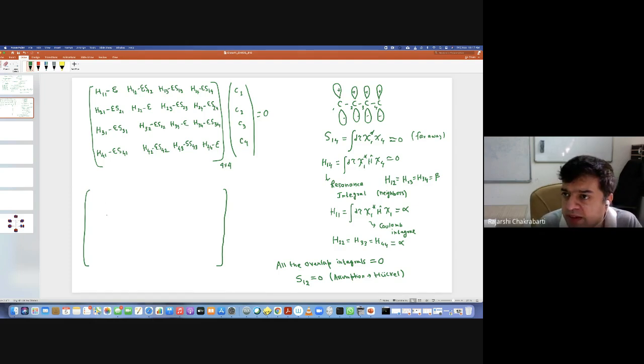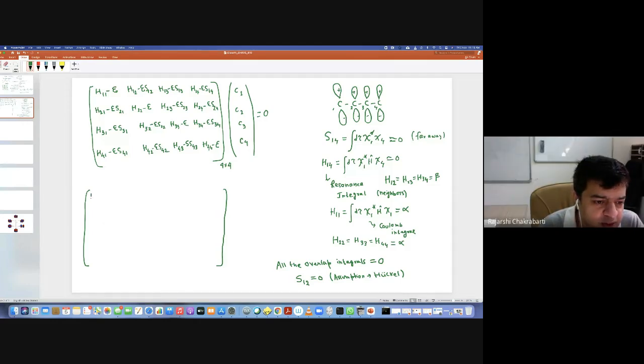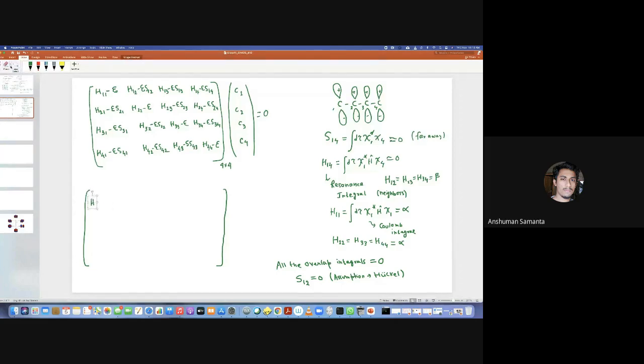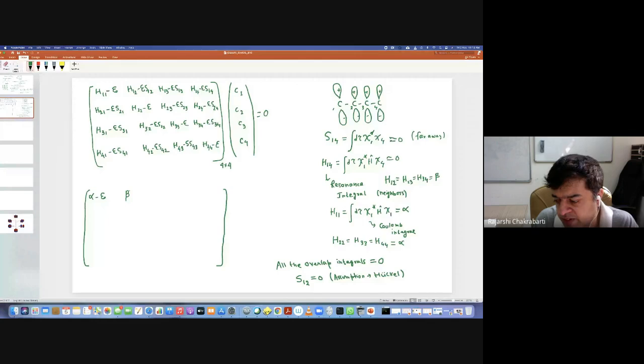Are you guys there? So the first term is H11 minus epsilon S11. What is H11? Alpha. So it is alpha minus epsilon. What about the second term, H12 minus epsilon S12? This will be beta, but all the S's are 0.